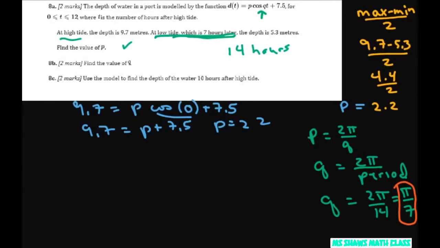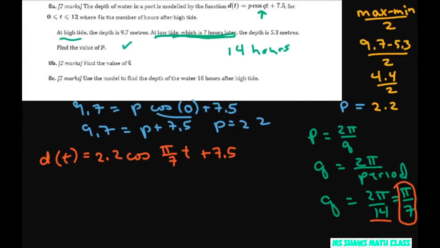And use the model to find the depth of water 10 hours after high tide. So our model is going to be, well, let's use the way they did it, d(t) equals P, 2.2, cos of, you can either use 2 pi over 14 or pi over 7, t, plus 7.5.